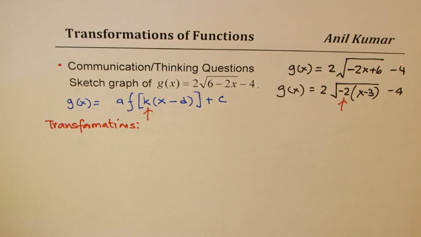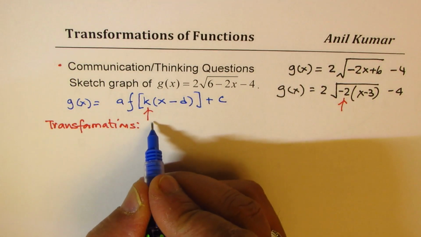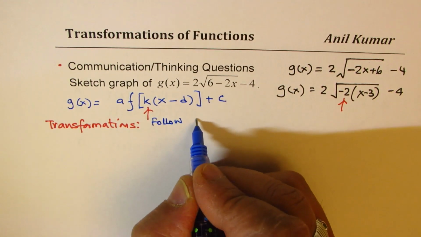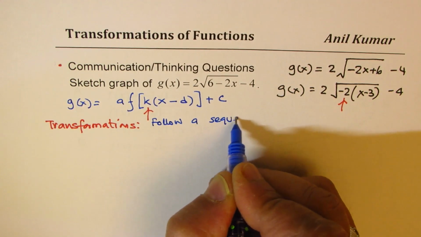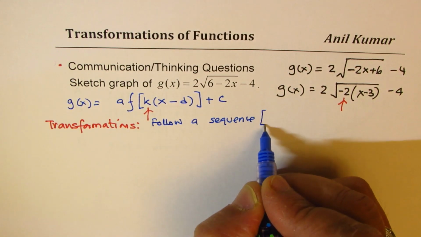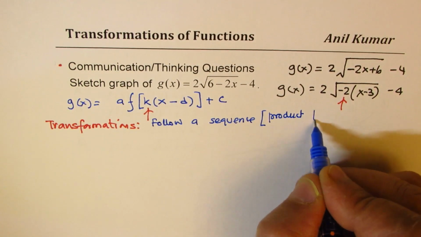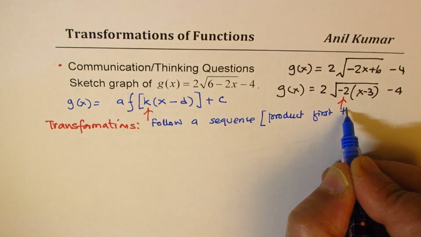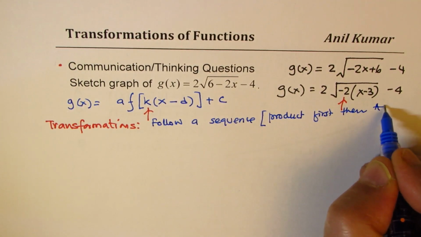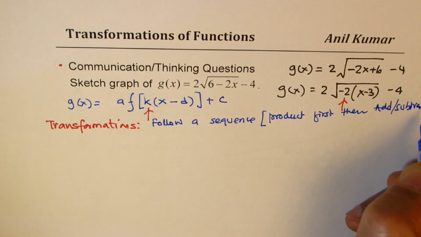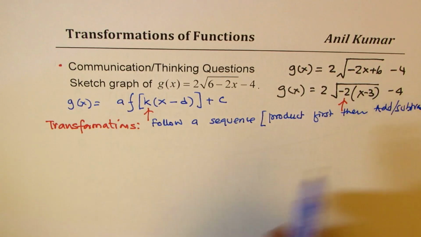When you combine all the transformations together, you have to follow a proper sequence, right? Important. Follow a sequence. Basically, it means product first, then add or subtract. That means translations, right?